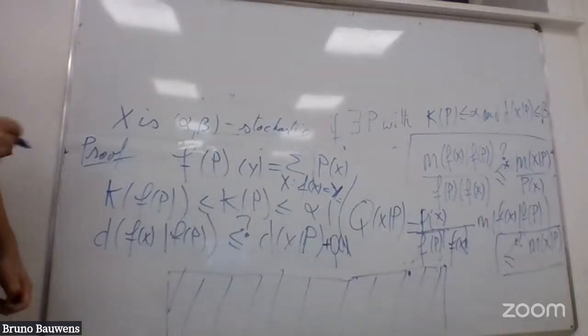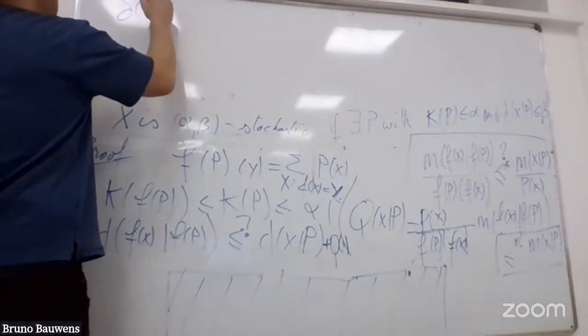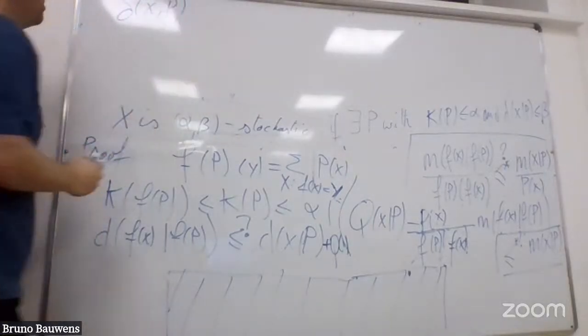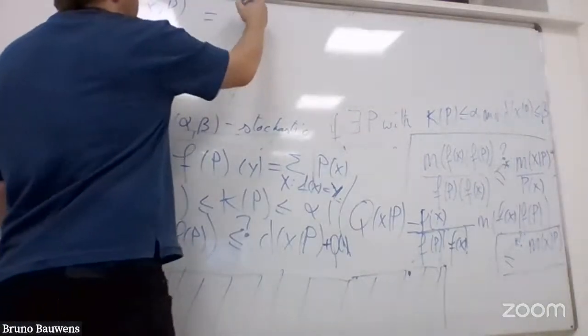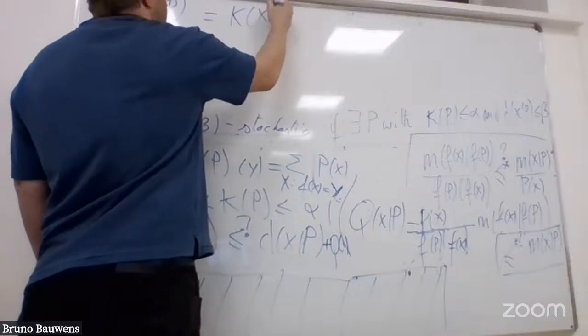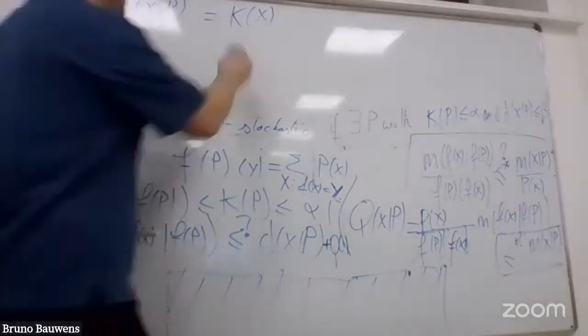optimality deficiency. So there is d(x, P). It's called optimality deficiency, and it's equal to, let me first say what it is. No, not K(x).